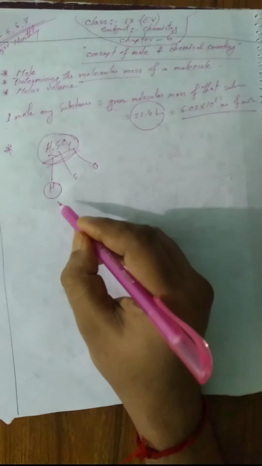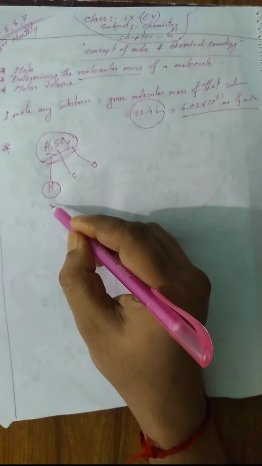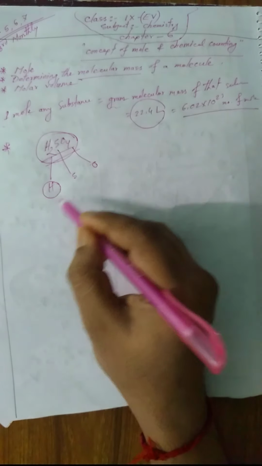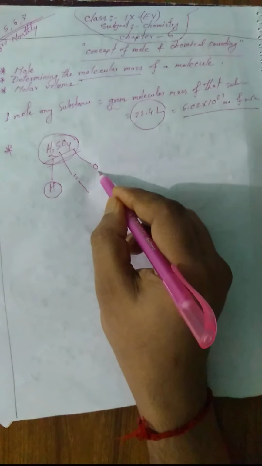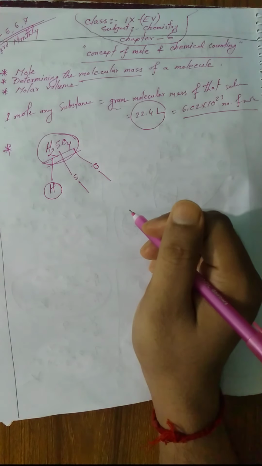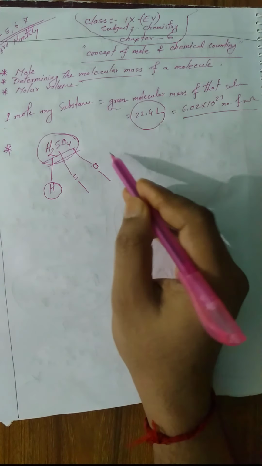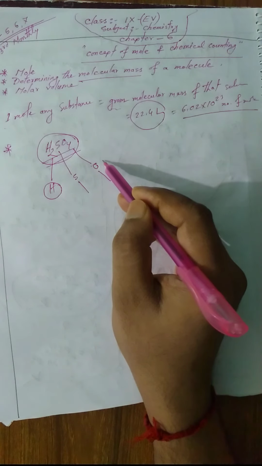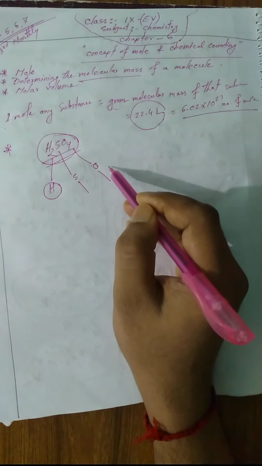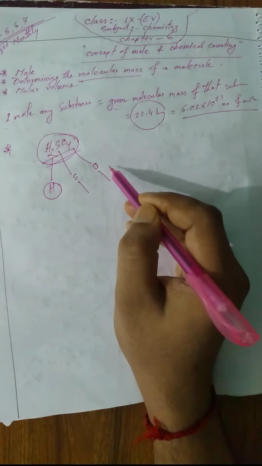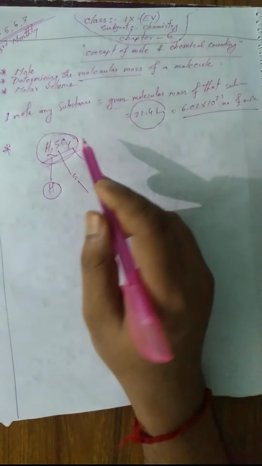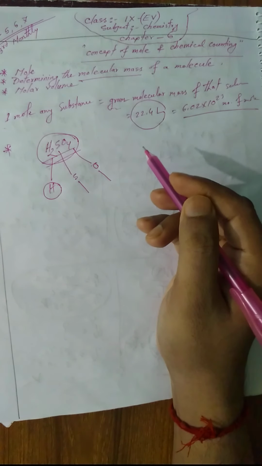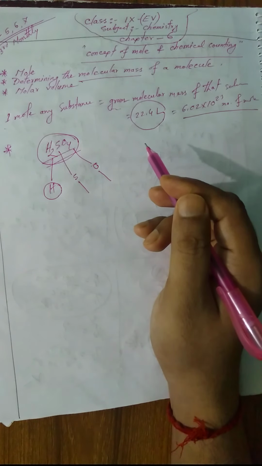Hydrogen has an atomic mass of its own, sulfur also, and oxygen also. So the summation of the atomic masses that constitute the compound denotes the molecular mass.